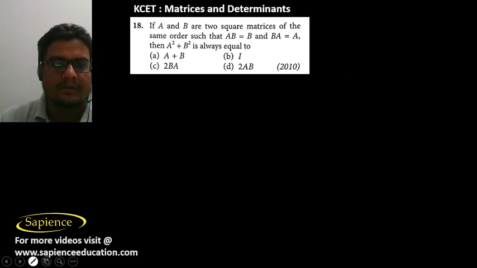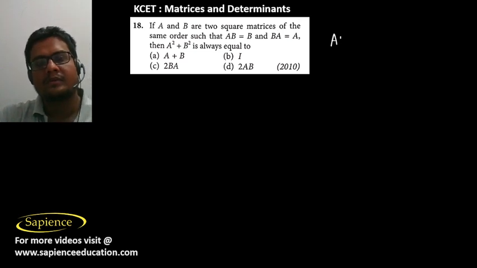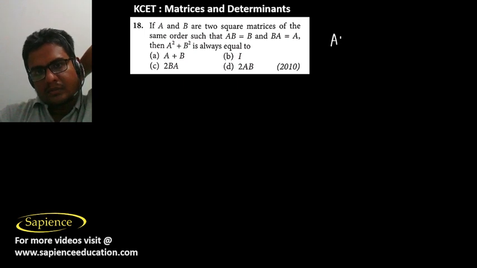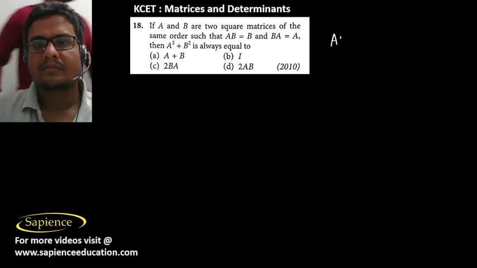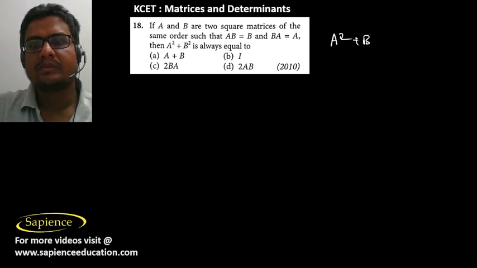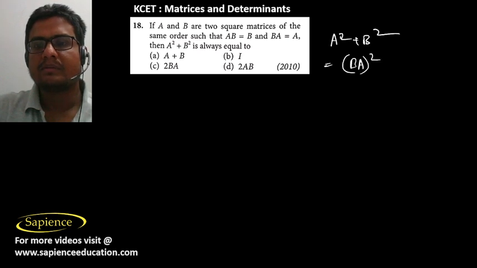Here you can solve it like this. So A square plus B square. A is written as BA, so I can do BA whole square plus B square, I can write it as AB whole square.